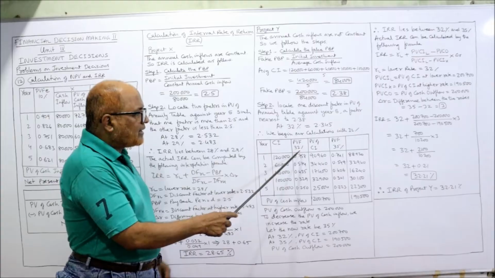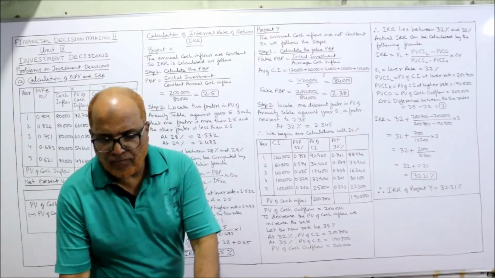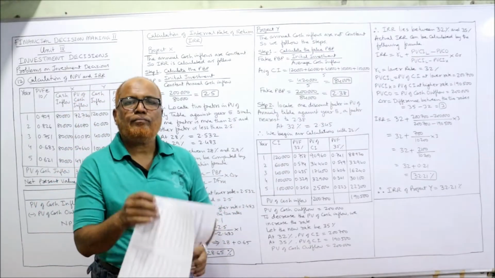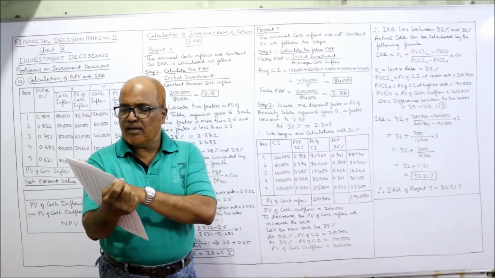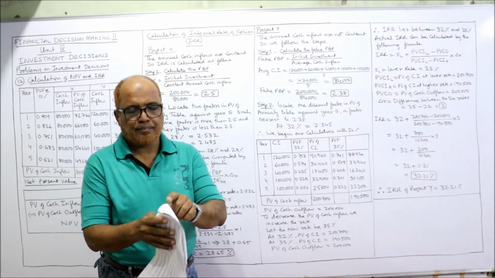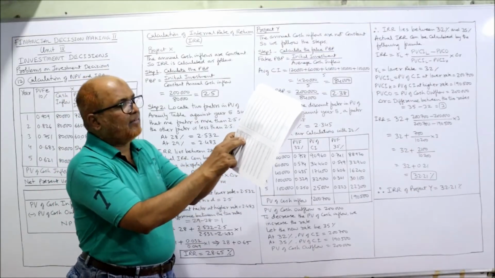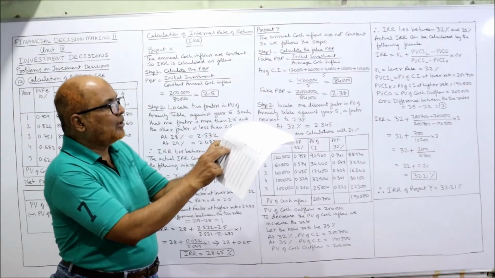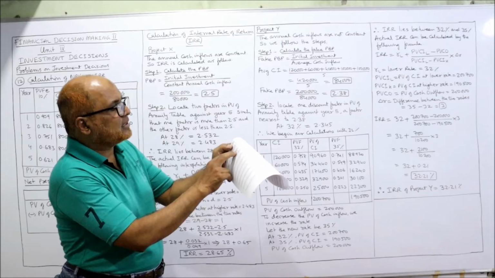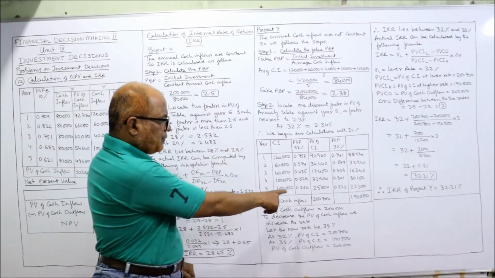So the PV factors are at 32%. You refer to the PV of rupee 1 table at 32%. There you can see 0.758, 0.574, 0.435, 0.329, 0.250.